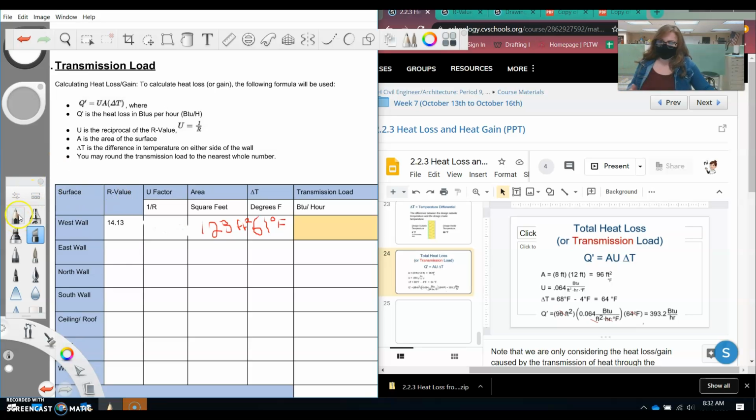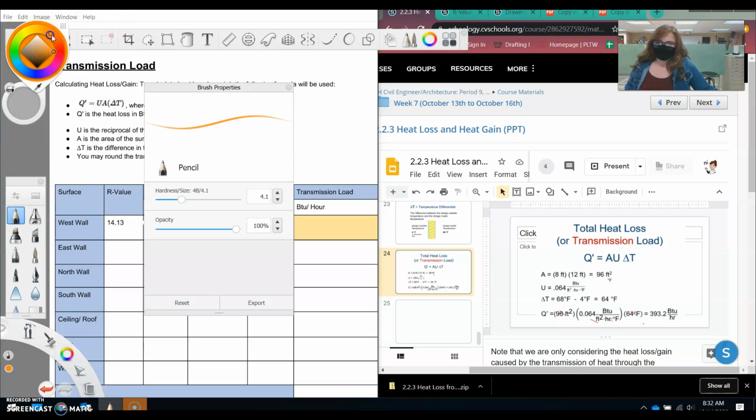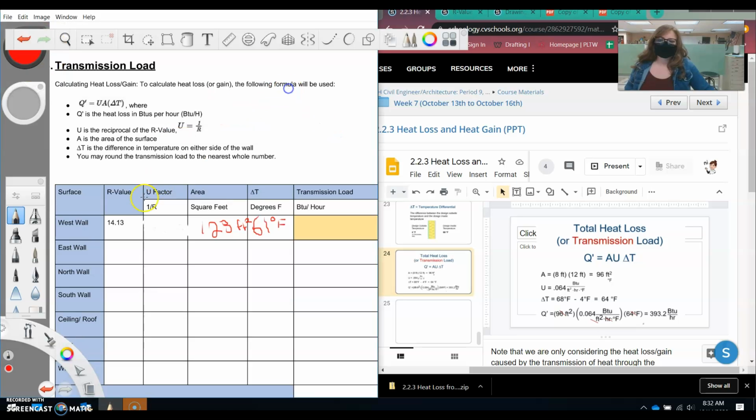Okay, so we said the U was 0.070, and then the units are BTU per hour per square foot per degree F. You guys get it. It's right here. I can't fit it, so I'm not going to try. We need all that information to then help us calculate.